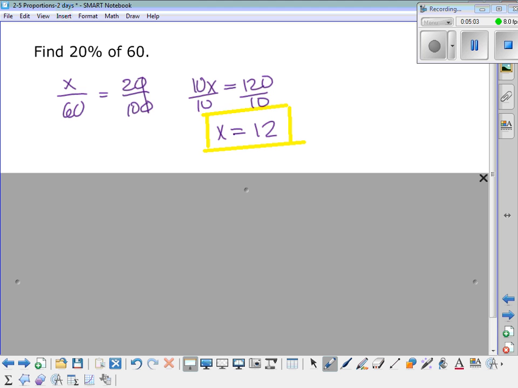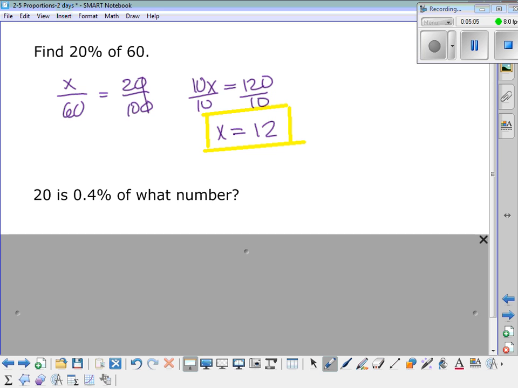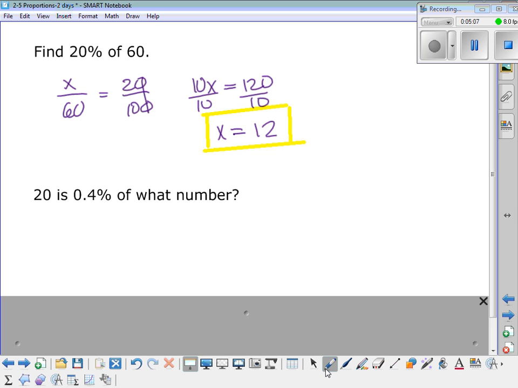All right. Let's write this one down in your notes just to be safe, because this one we've got a decimal. Okay, so I've got 20 is 0.4% of what number?